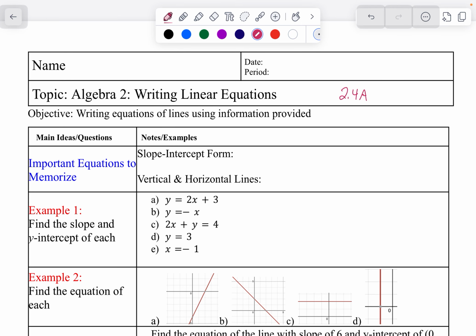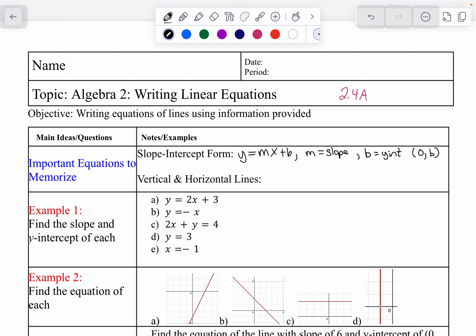Now there are some equations that you definitely need to memorize. The first is our slope-intercept form of an equation, which is y equals mx plus b, where m is the slope of our linear equation, and b is our y-intercept, which I like to think of as the point (0, b).